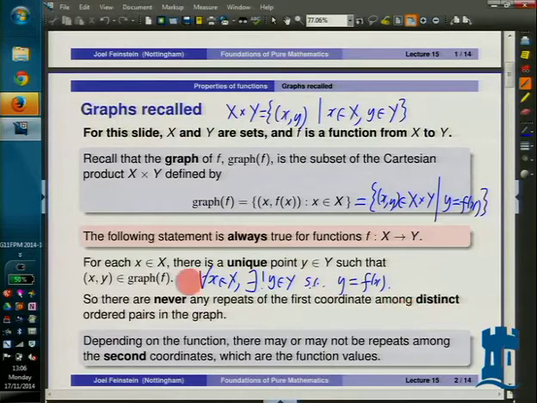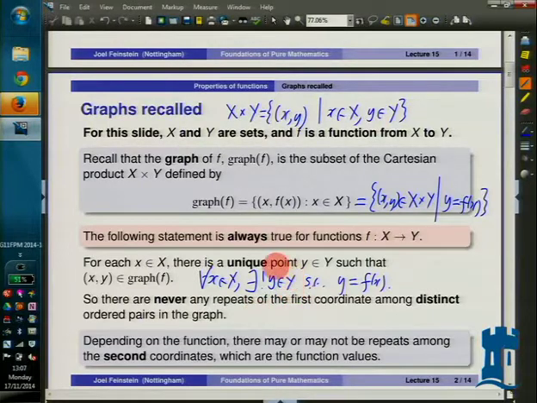So that's why I say there's never any repeats of the first coordinate among distinct ordered pairs in the graph, but if you happen to find the same ordered pair in the graph for two different reasons, that's okay. As long as it's exactly the same ordered pair, that's fine. And that's the only sense in which you could get a repeat of the first coordinate: if it actually had the same second coordinate as well, and was therefore really only one point, the same point in the graph.